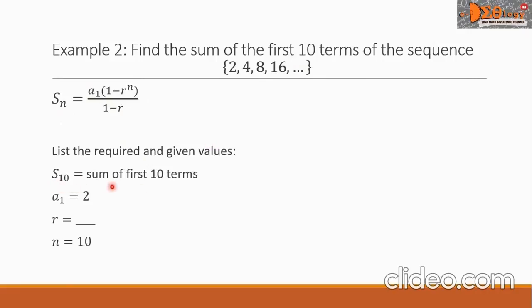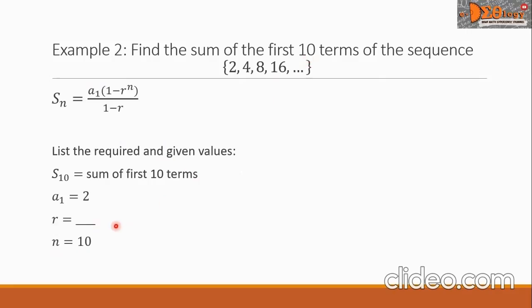This is the sum of the first 10 terms that is required in the problem. Next is a sub 1, the first term, and that is 2. The r is not yet given. We will solve for that. And the n is the number of terms, and that is 10.